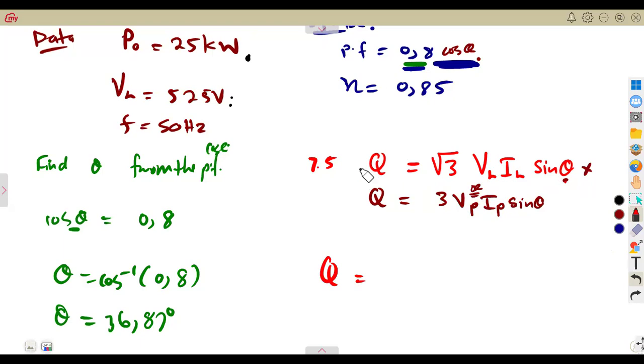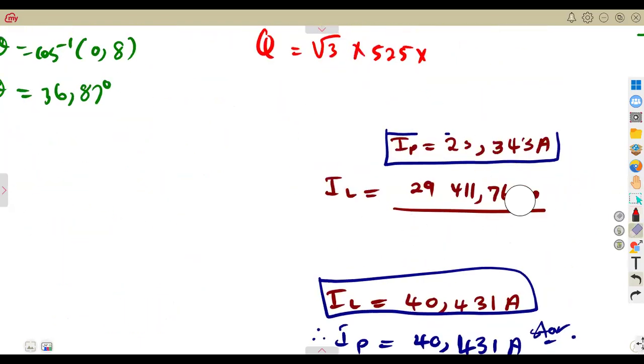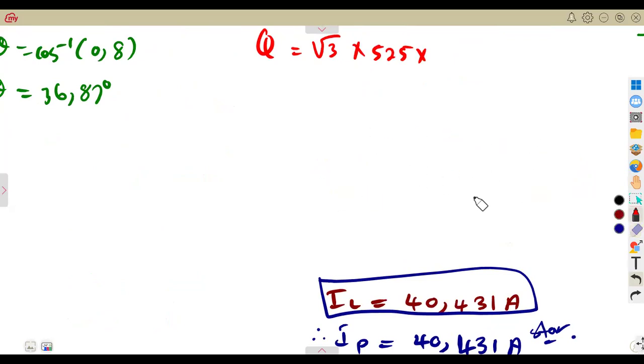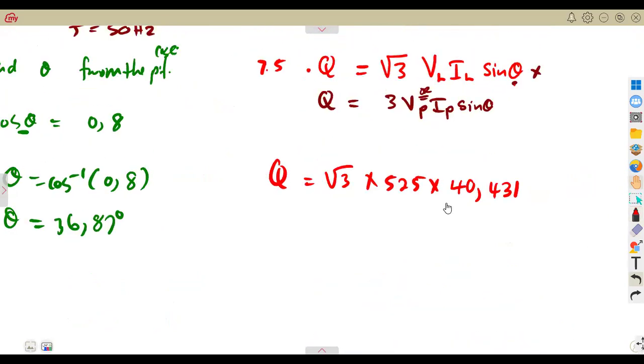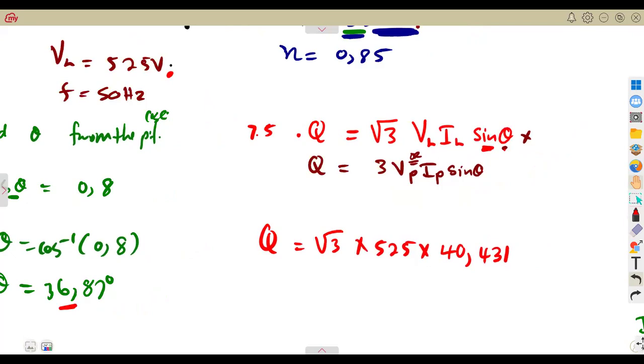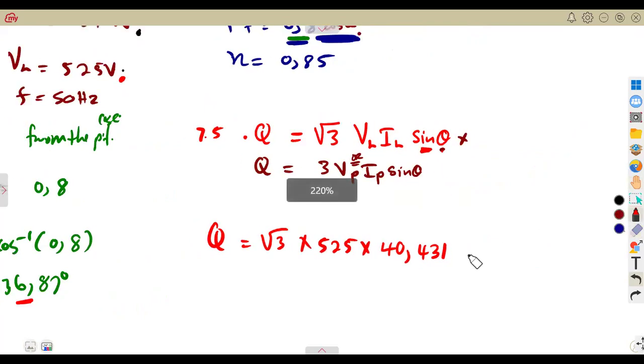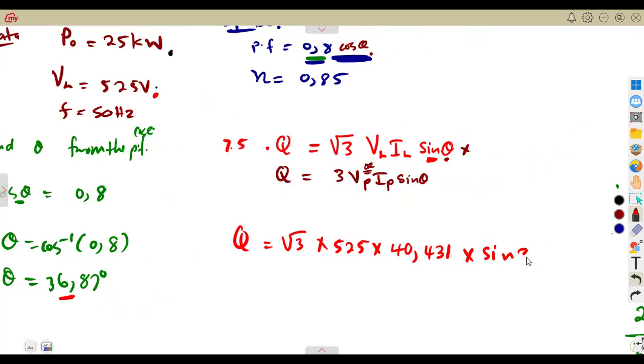So Q, using the first formula, is going to be the square root of 3 times the line voltage of 525, times the line current, which was 40.431, times the sine of the angle that we calculated, the sine of 36.87 degrees.